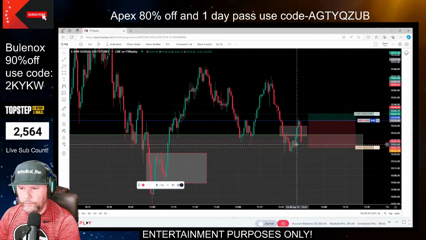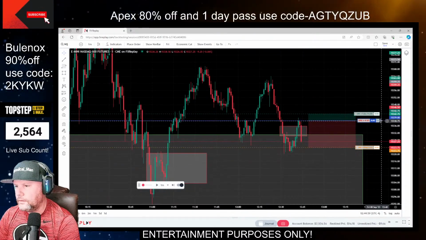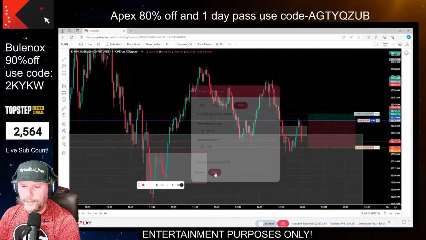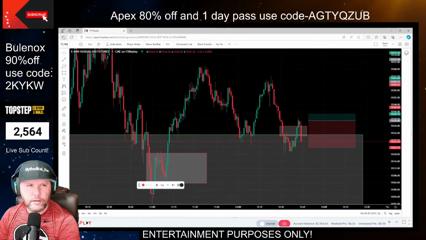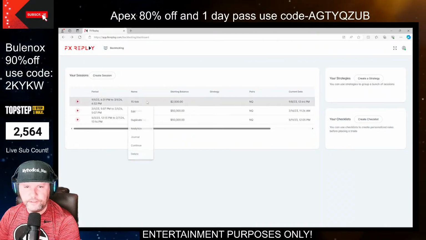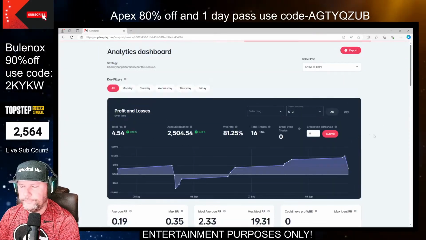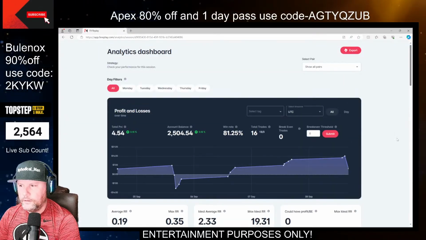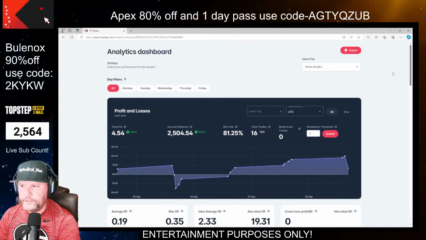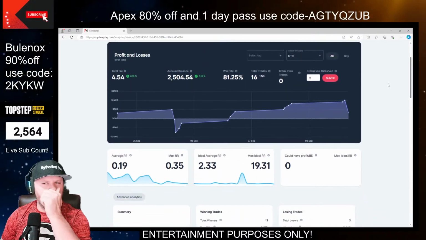Oop, close back below. Boom, just wrecked us. So we'll end it on a loss. Now let's go back and check out our, I think that was 3 losses in that session. I don't know how many winners we had. So we had 81% win rate there. I mean, like I said, that's kind of worst case scenario, right?